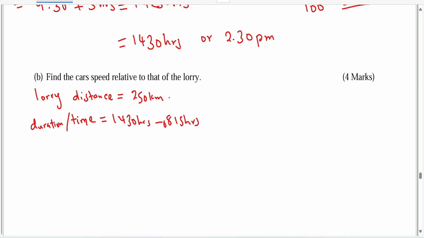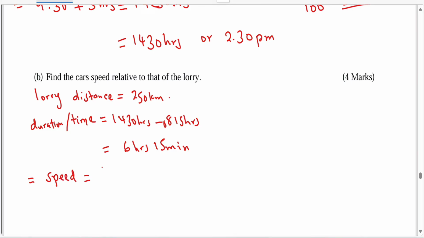So how much does it give us? It should give us 6:15, so 6 hours and 15 minutes. So that's the duration.